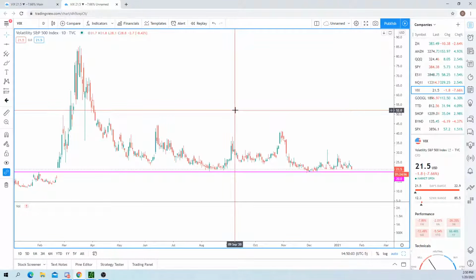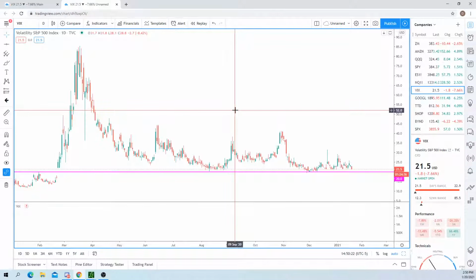As I said, this is how I personally use the VIX. I look for support and resistance areas, and that's how I gauge the strength or weakness of VIX. If it's breaking through resistance, that indicates strength for the VIX.